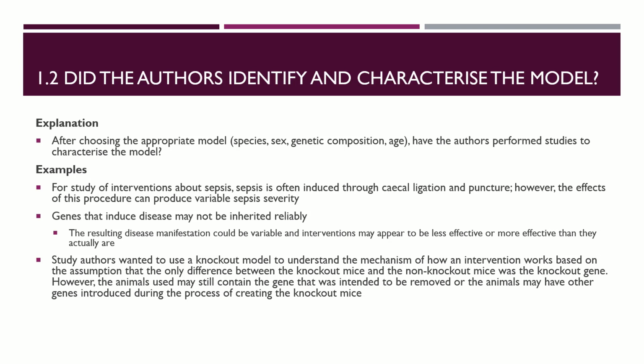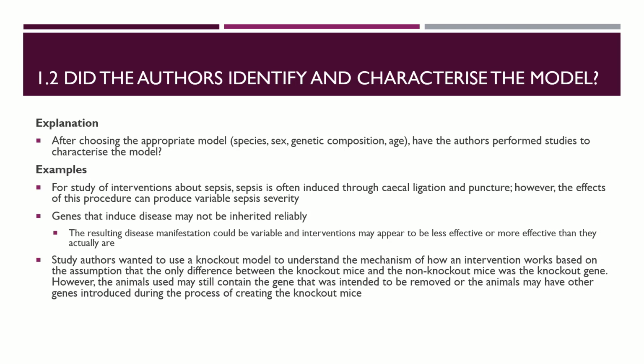Study authors wanted to use a knockout model to understand the mechanism of how an intervention works, based on the assumption that the only difference between the knockout mice and the non-knockout mice was the knockout gene. In this example, the fundamental difference, according to the study authors, is the knockout gene.